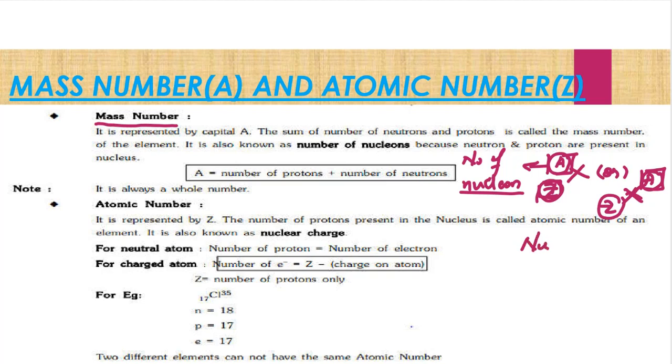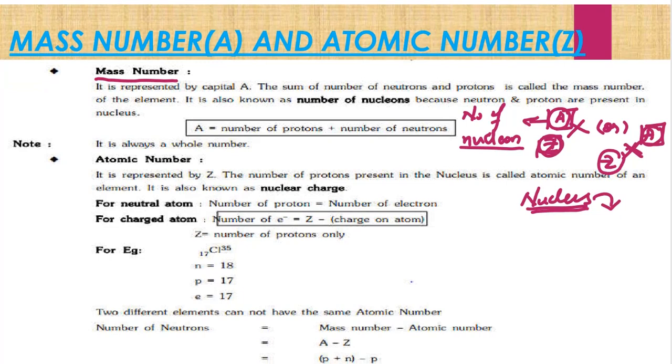Slowly we are going to learn about the nucleus in further videos, but we have already learnt in 9th class that an atom has a heavy charged particle exactly in the middle of the atom, which is referred to as the nucleus, and it is surrounded by some number of electrons which are rotating in their respective orbits.